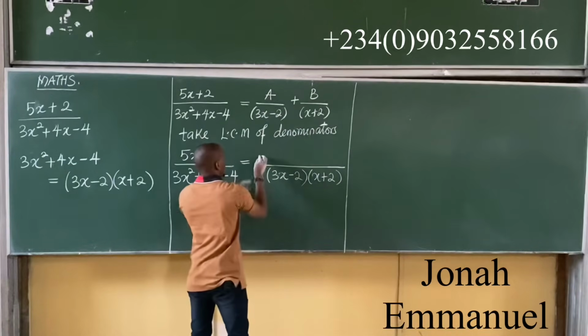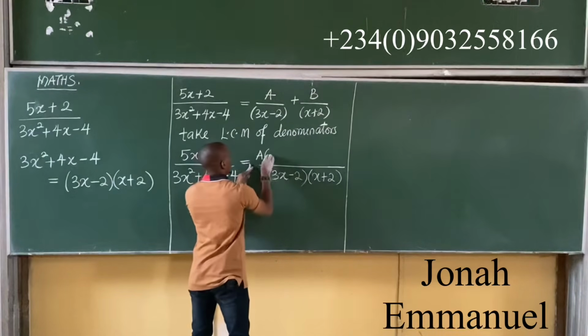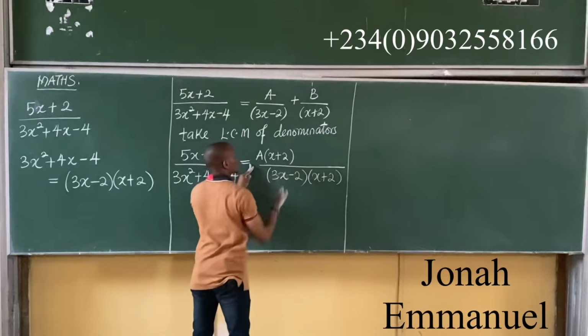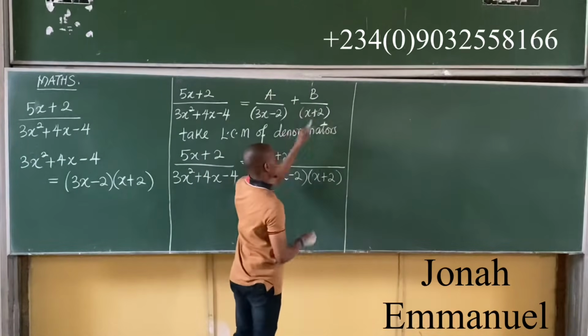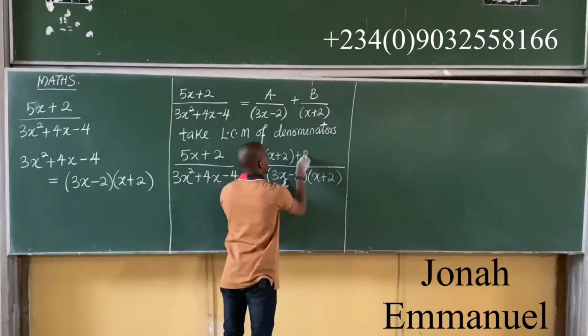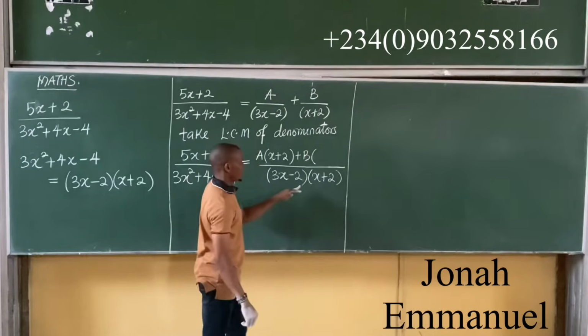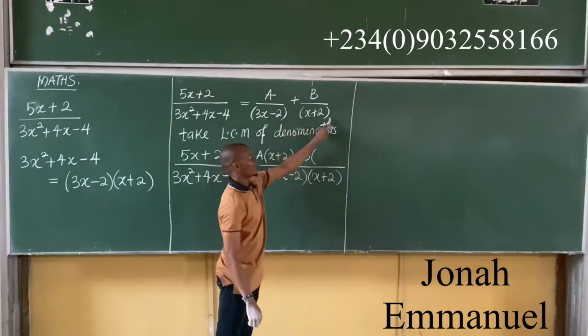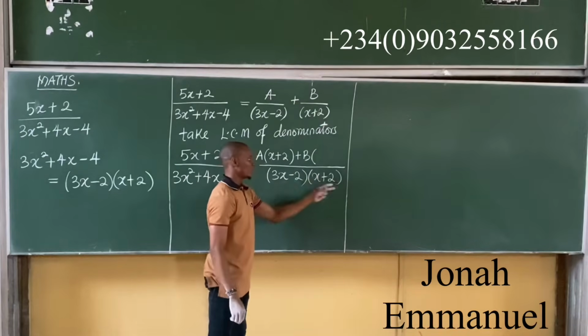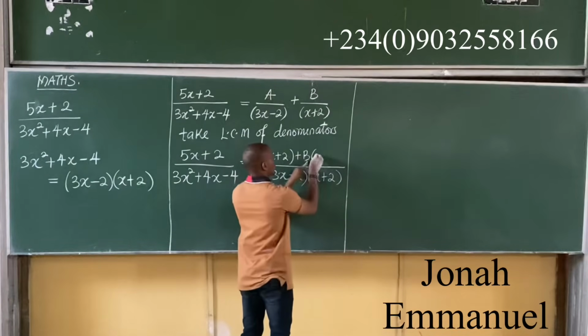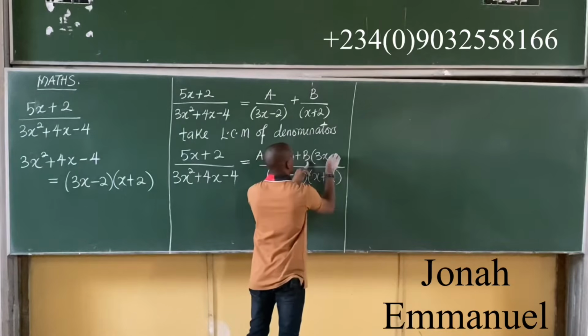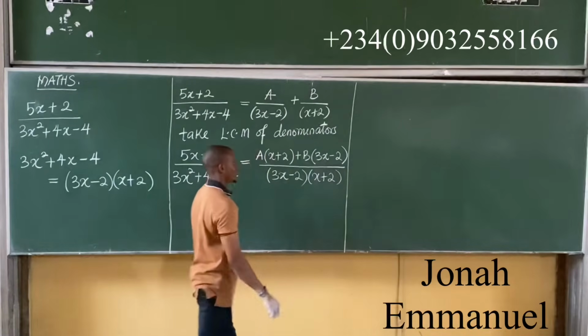That one becomes a into x plus 2. Next up, plus b into, divide this with this. So x plus 2 cancels x plus 2, and left with 3x minus 2. So 3x minus 2. So I have it.